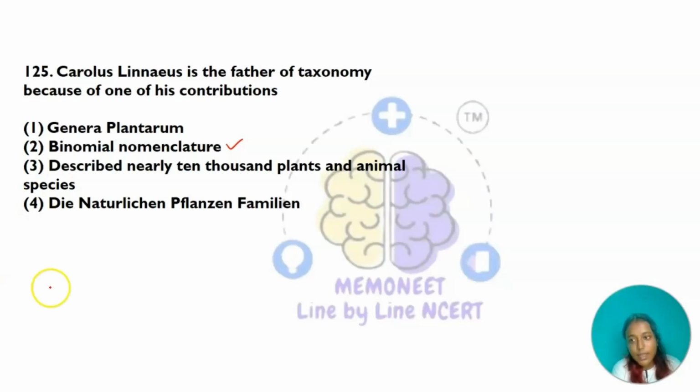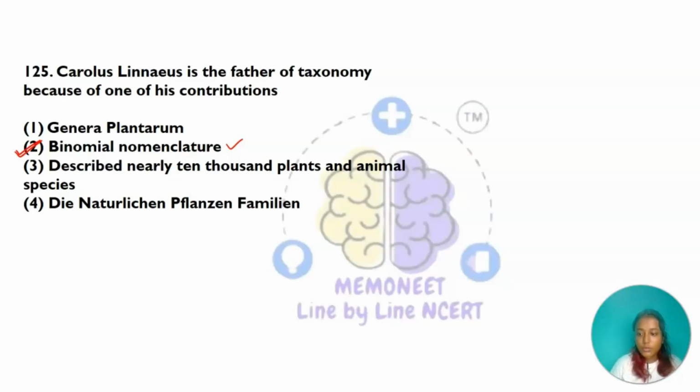So the reason behind Carolus Linnaeus being the father of taxonomy is his contribution towards binomial nomenclature, and he developed Linnaean taxonomy for categorization of organisms, and binomial nomenclature for naming them. He classified the organisms based on habitat and nutrition.